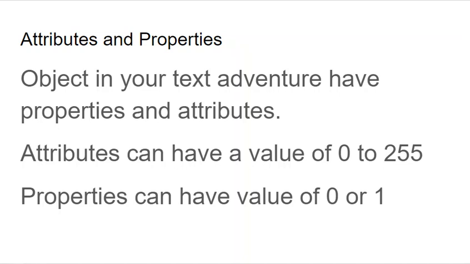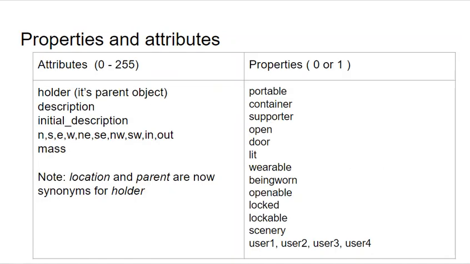So internally, your game is really just a big table of objects, and objects have attributes which can be 0 to 255, or they have properties which can have a value of 0 or 1. So let's look at the values that an object can store in its attributes and its properties. So every object has the following attributes shown here on the left.